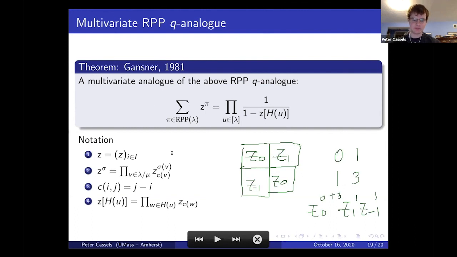The exponent is the entry in that cell of each z based on the content. So instead of going by how many cells we have, we're looking at how many cells are in each diagonal.